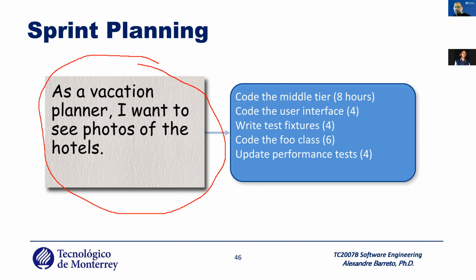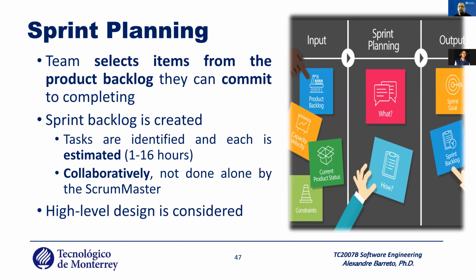These are examples of tasks that you need to perform to accomplish this user story. You need to define how many hours, or estimate the effort, that is required to accomplish task by task. It's one task that you need to do.